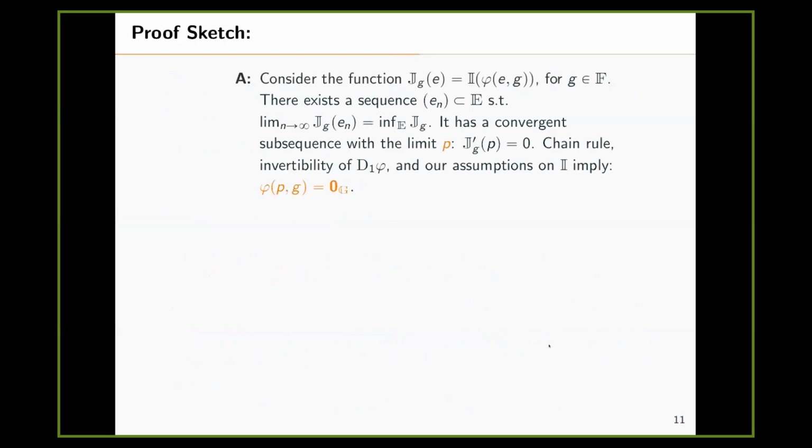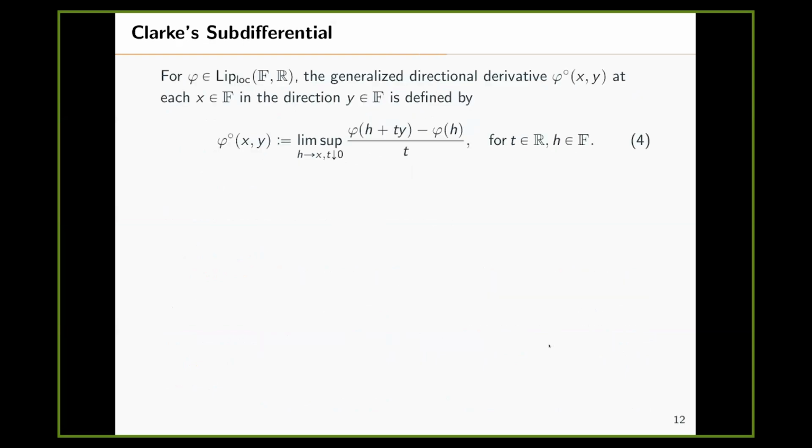Here, I will briefly explain the non-smooth analysis that we used: the Clarke subdifferential. It was introduced by Clarke in the Banach case, but it works well also in the Fréchet case. We consider a locally Lipschitz function, and then define the generalized directional derivative by using the limit supremum for nearby points h and a small increment t.